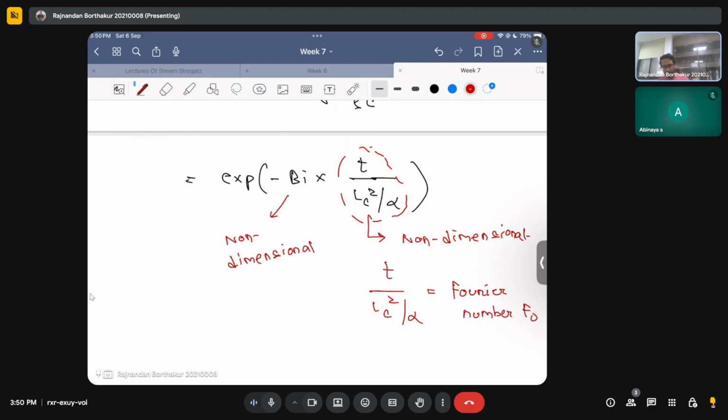And this Fourier number is in principle representing two time scales. First the inherent time scale, and then another time scale that we have encountered, LC squared by alpha, and this is known as the diffusion time scale.